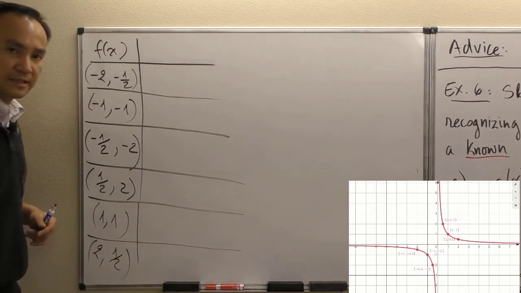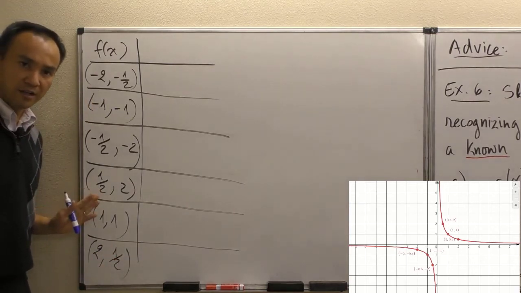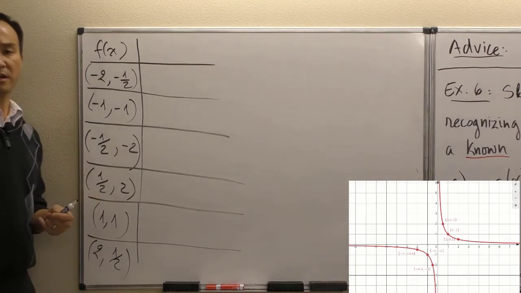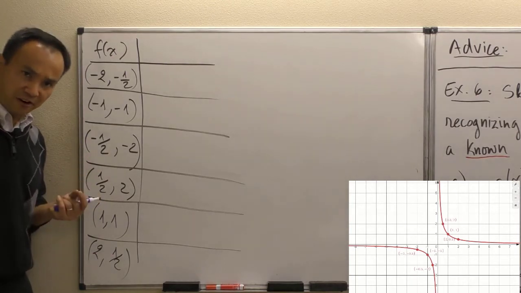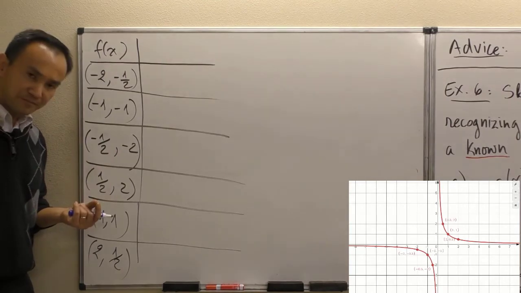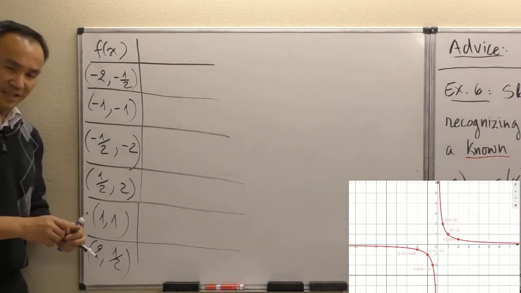These are all the guiding points on the graph of this particular function we're working with, the known function, that toolkit function.